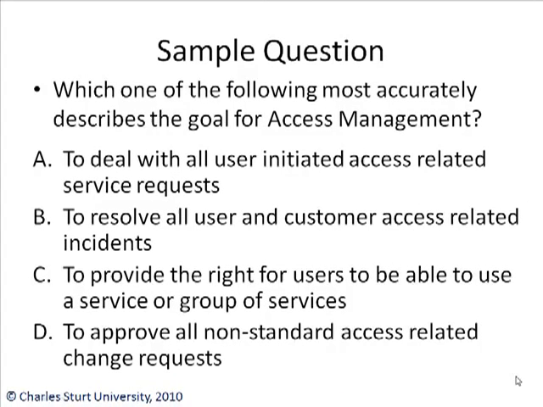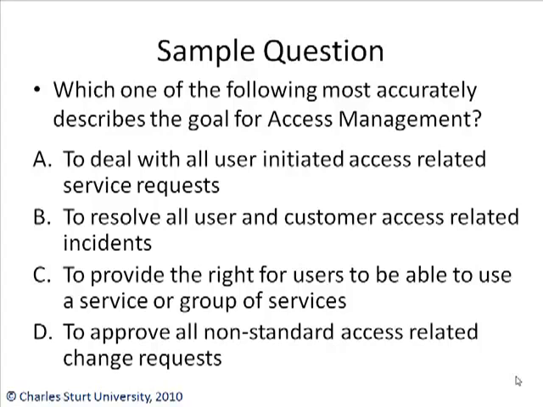It's a simple question. Which one of the following most accurately describes the goal for access management? Answer A: to deal with all user-initiated, access-related service requests. Answer B: to resolve all user and customer access-related incidents. Answer C: to provide the right for users to be able to use a service or group of services.